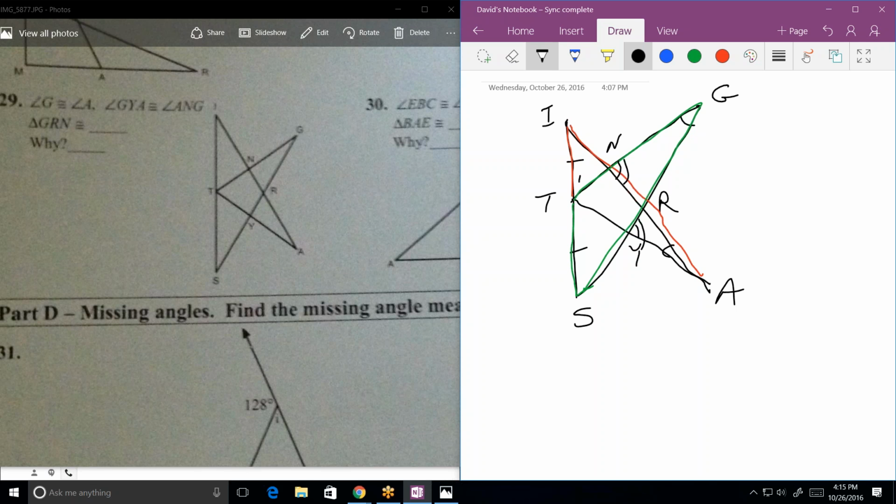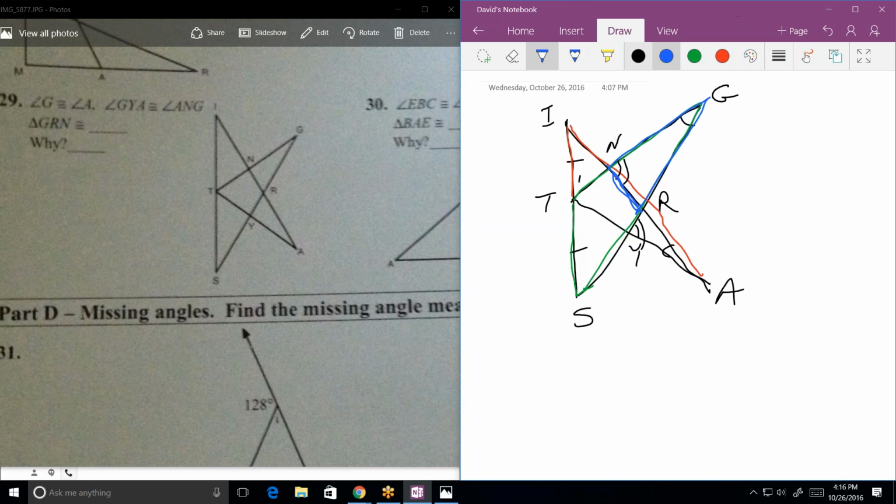And GRN, so here, I'm going to draw this in blue. This is the one we're trying to prove congruent to something.